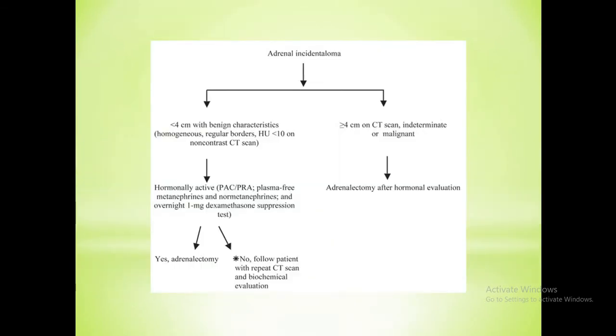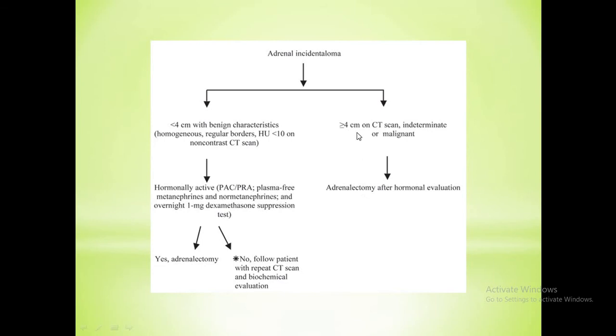So this is a flow chart. When you have an adrenal incidentaloma, look at the size. If it's more than 4 centimeter on the CT, or if it's indeterminate, or if it is malignant, you go for adrenalectomy after hormonal evaluation.